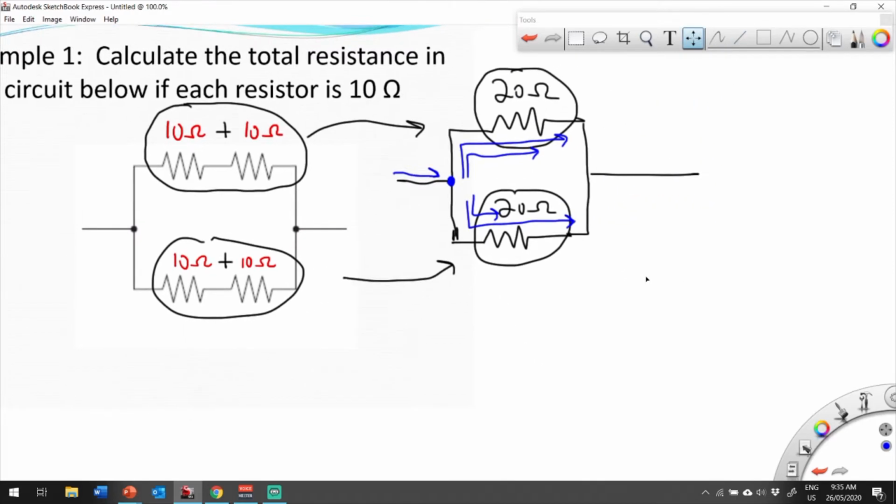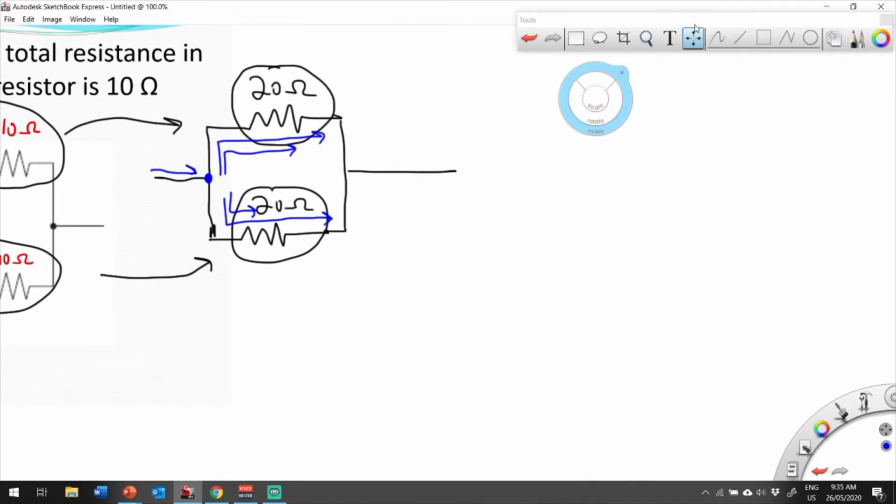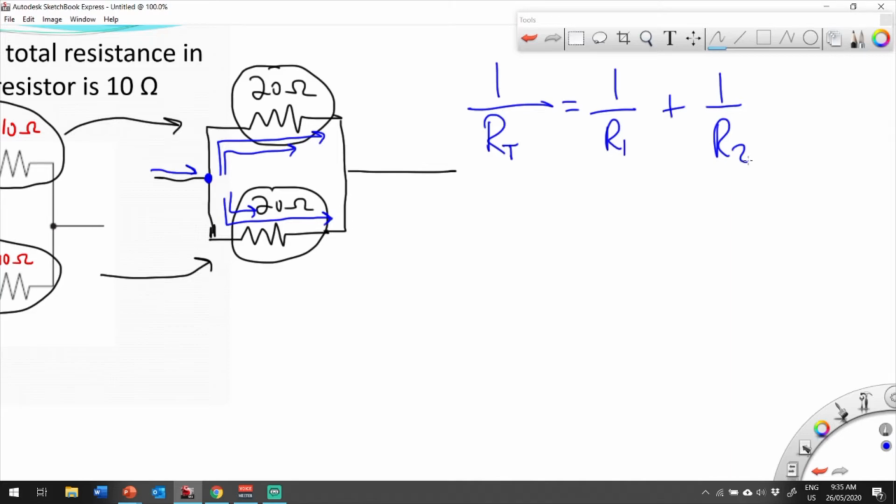Being a parallel section, we can then calculate the total resistance as follows. The total resistance is going to be 1 over R1 plus 1 over R2. So we'll carry out the calculation. 1 over total resistance is going to be 1 over 20 ohms plus 1 over 20 ohms.